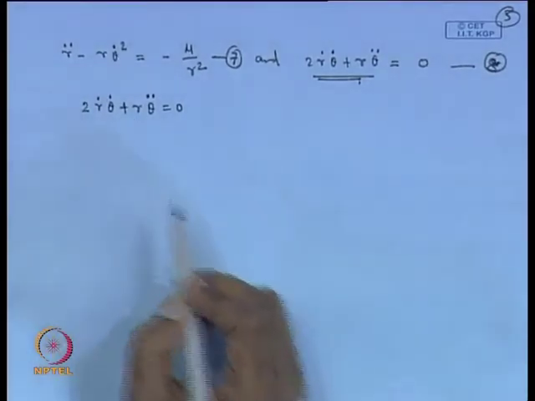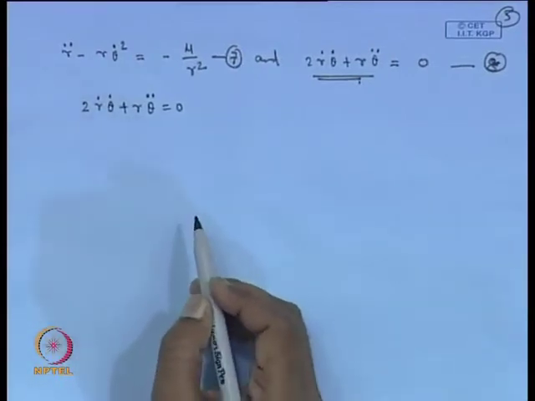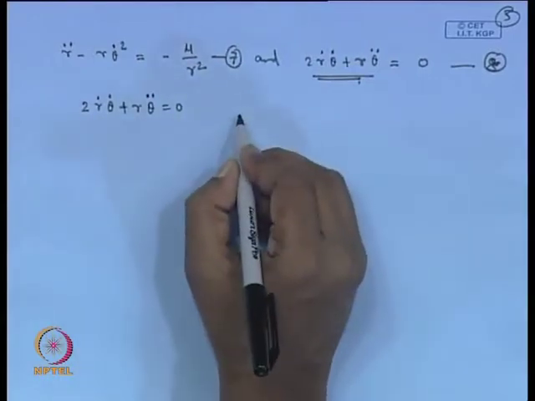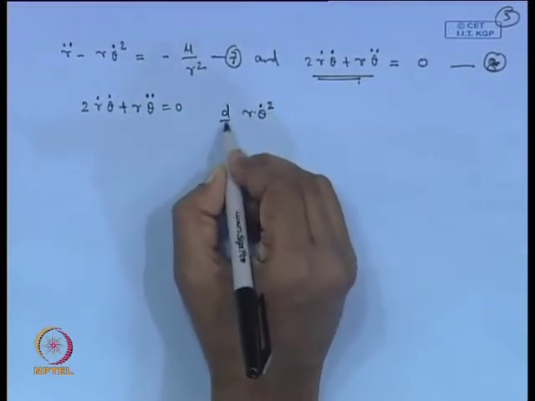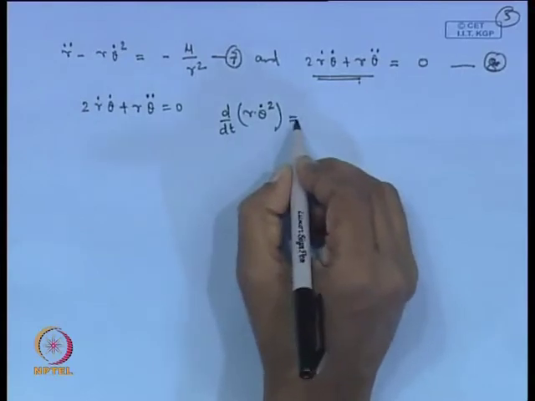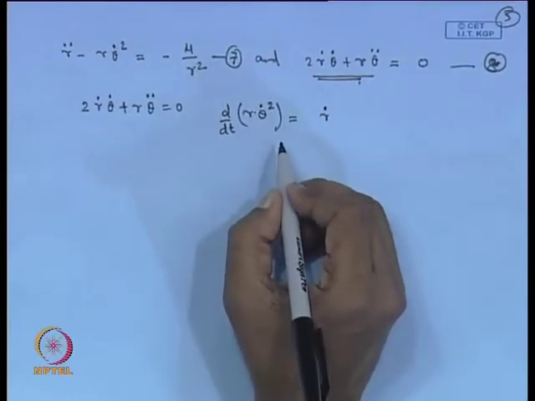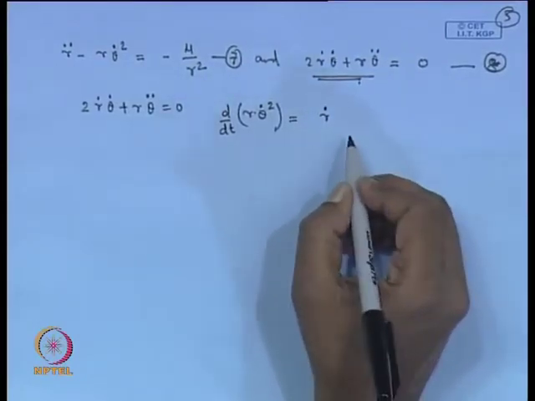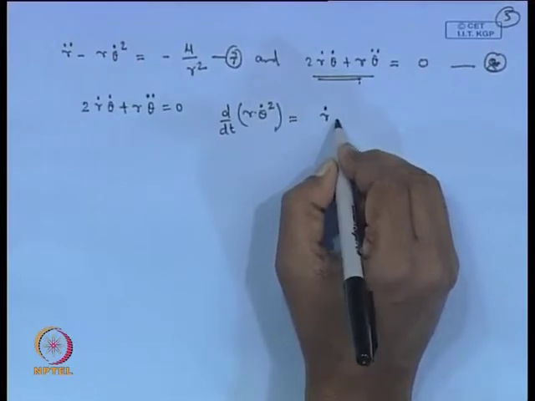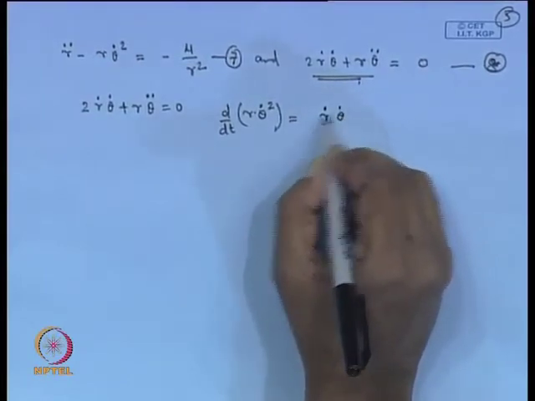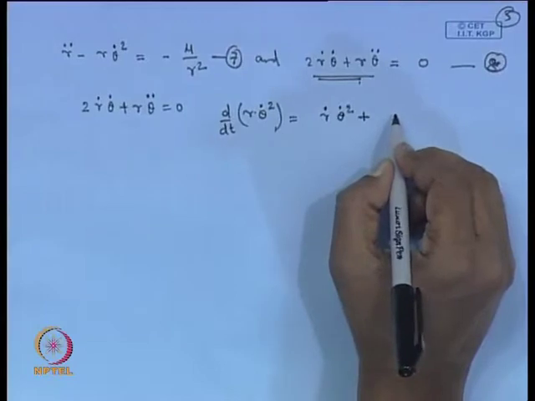If we can represent it in a better way, we can get more information or we can understand this system in a much better way.